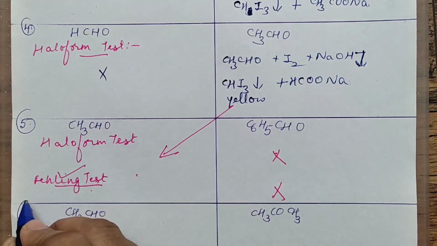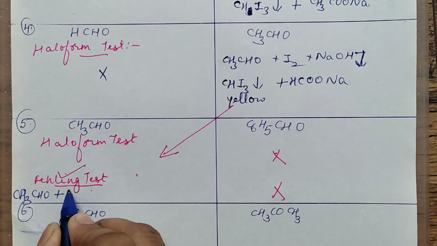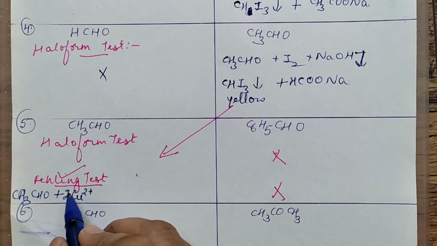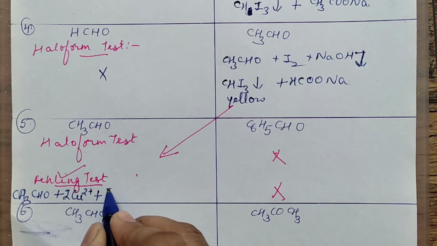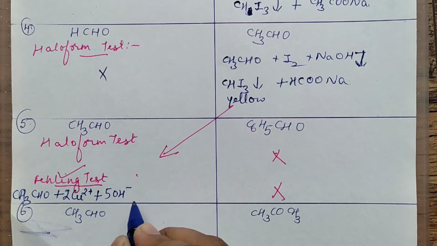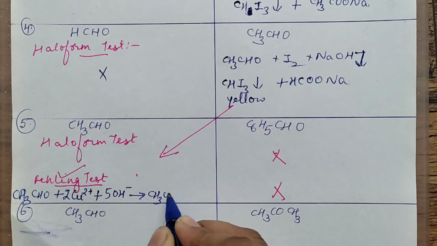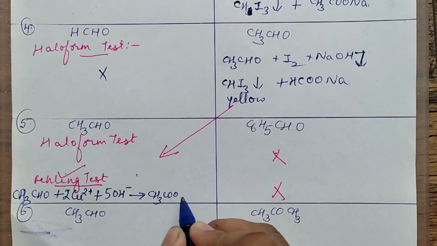But acetaldehyde will give it. So what will you write? CH3CHO plus copper ions, because Fehling's solution is alkaline copper sulfate solution. So you will write copper ion plus OH minus ion because the medium is basic, and you get the oxidized part of the aldehyde, that is the salt.